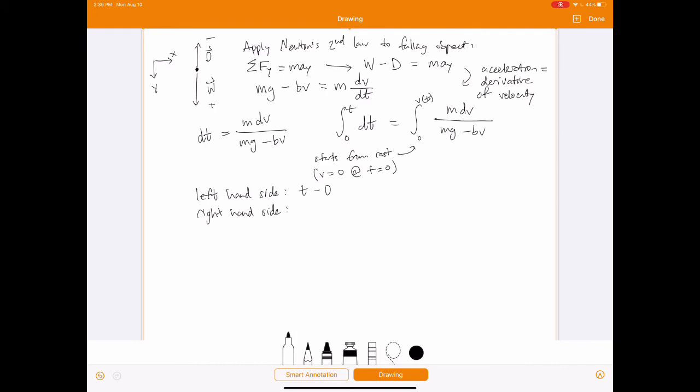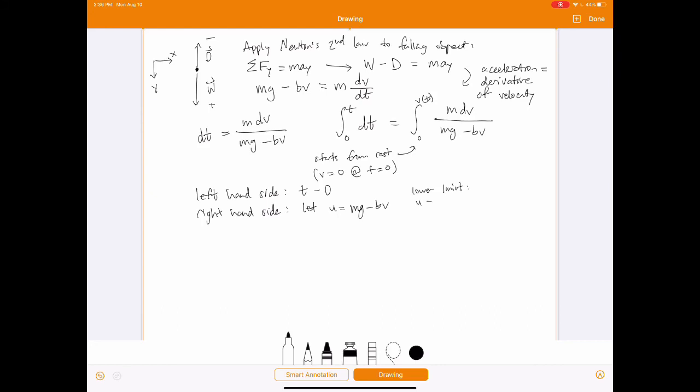And here's what we're going to start with. We're going to do something called a u substitution. You've probably seen this in calculus before, but we're going to let u equal mg minus bv. Okay? The next thing we're going to do is figure out what the upper and lower limits of integration are going to be, given that we changed variables. So what's the lower limit?